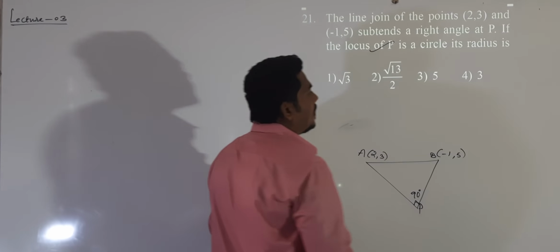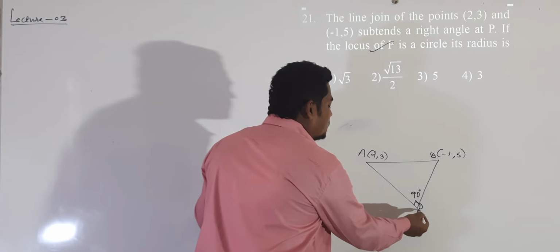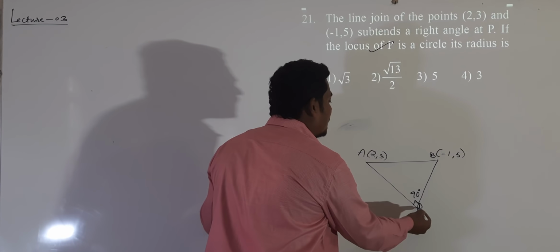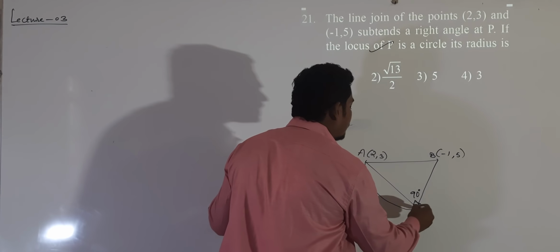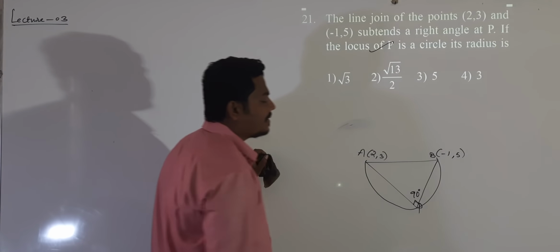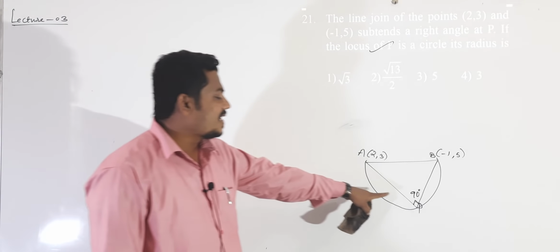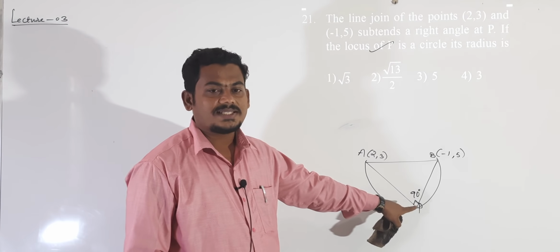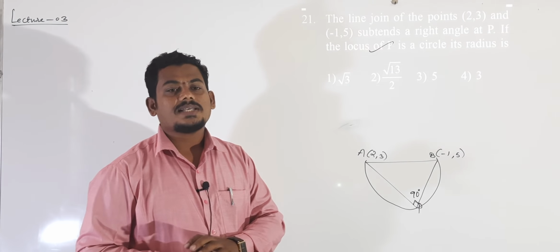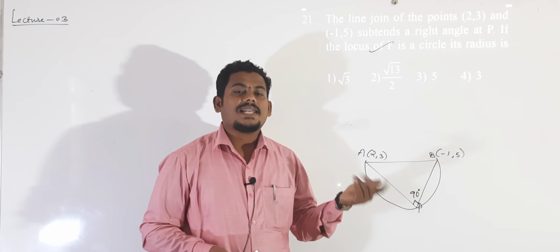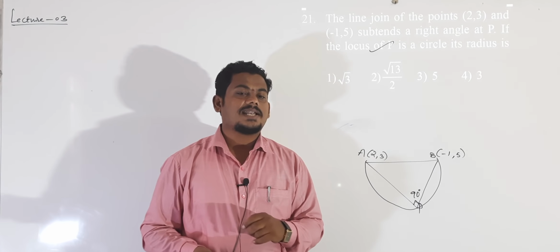Then what is its radius? Suppose this is a right angle, then clearly the locus is a circle, right? This point is a right angle, so already we know one result. What is that? Any triangle in a semicircle is a right angle triangle.